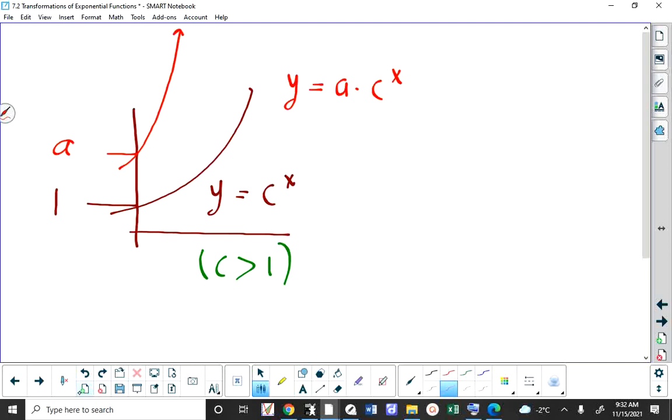By the way, if that vertical stretch factor is between 0 and 1, which means it's going to squish the graph towards the x-axis, the new y-intercept will still be the value of that a. And to go even further, if a is negative and it reflects this vertically along with a stretch, the y-intercept will still be a. The y-intercept is always going to be a.